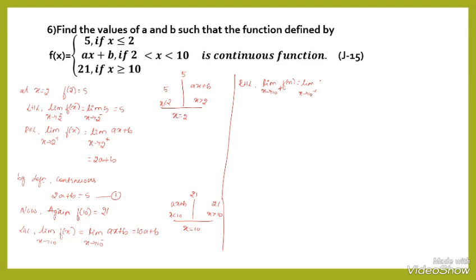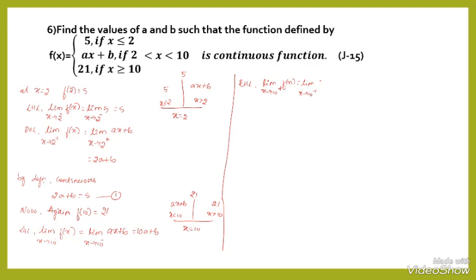Now I will subtract. Then it becomes minus 10 minus 2, that is minus 8a, plus b and minus b get cancelled. Here minus 21 plus 5 becomes minus 16. The a value becomes minus 16 by minus 8.